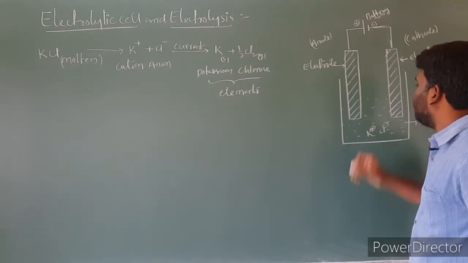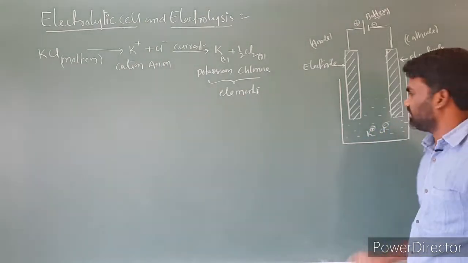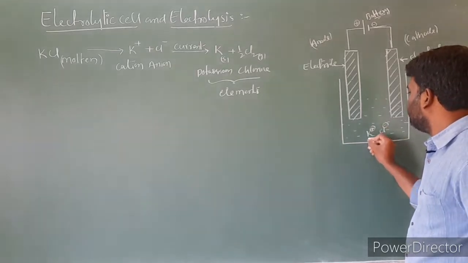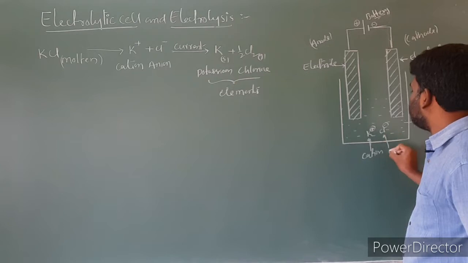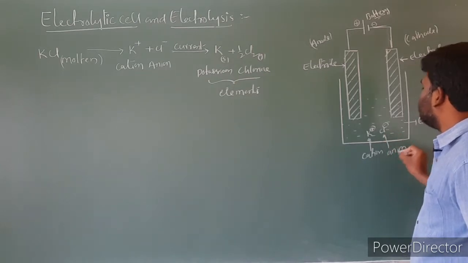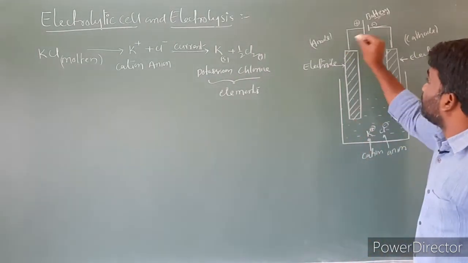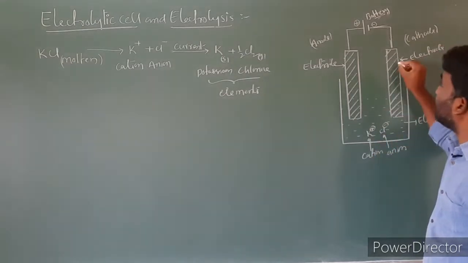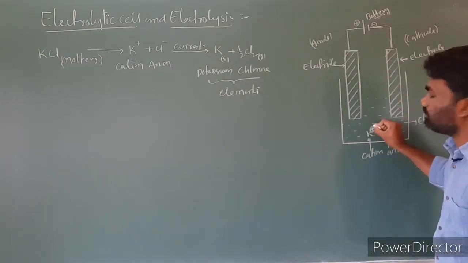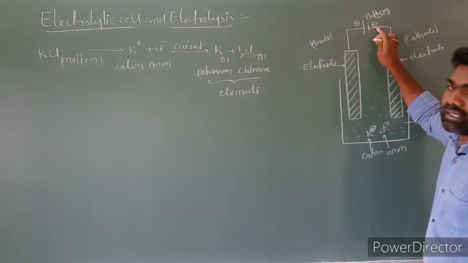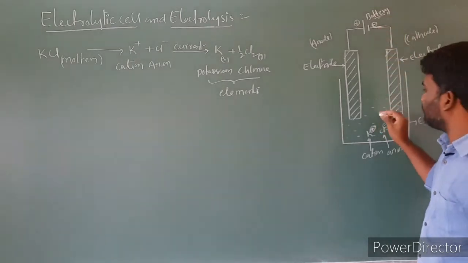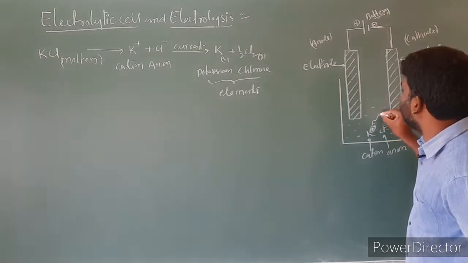So K+ is a cation, and Cl- is an anion. Cathode is negative charge, cation is positive. When the electric current is passed through this electrolytic solution, cations migrate towards the cathode.